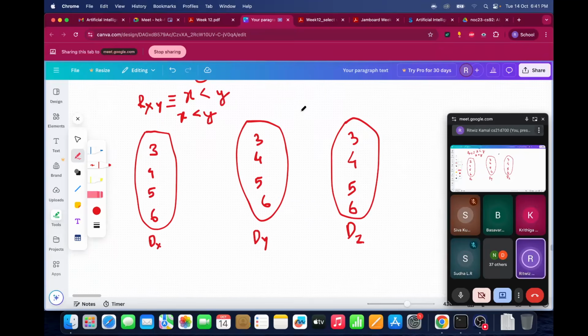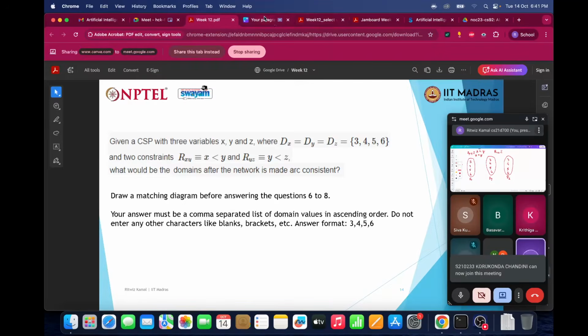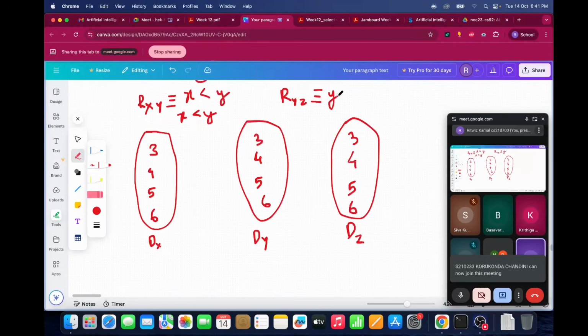Similarly, the other constraint is ryz, y is less than z.